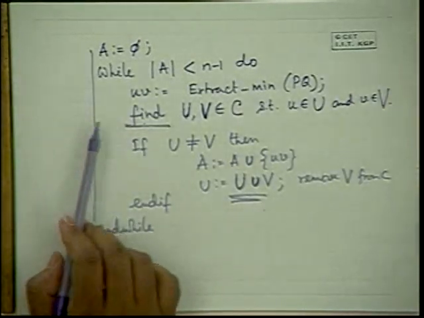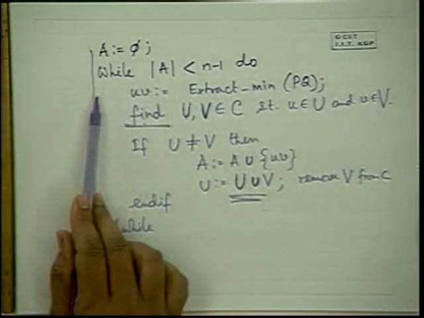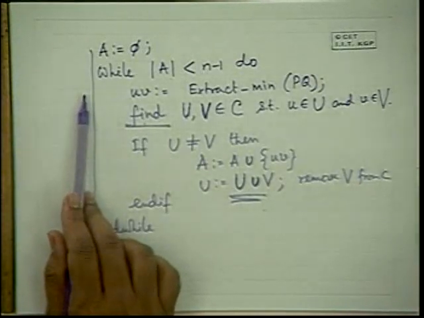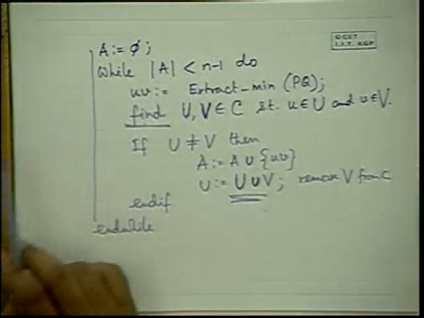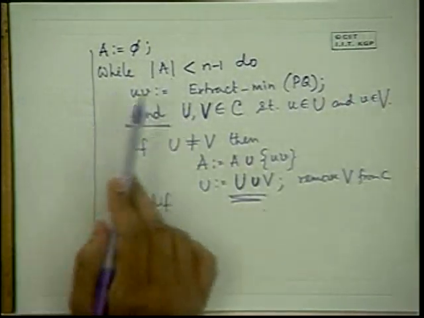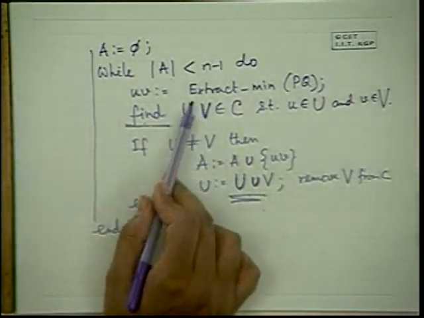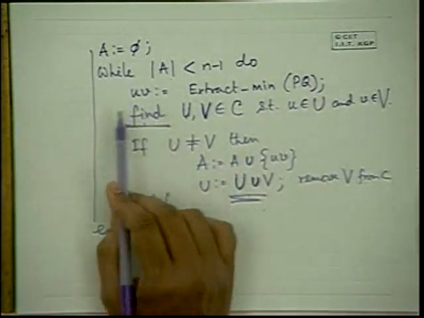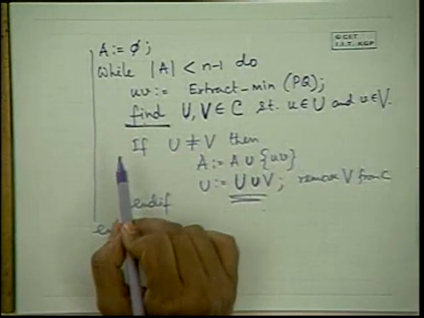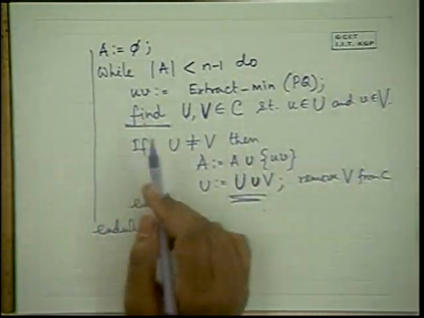Kruskal's algorithm actually initially sorts all the edges with respect to edge weights. This is actually done by this PQ when you are putting the edges in the priority queue and extracting next here. So there is an implicit sorting of the edges. So already you cannot avoid the complexity of, if there are m edges, m log m or m log n.